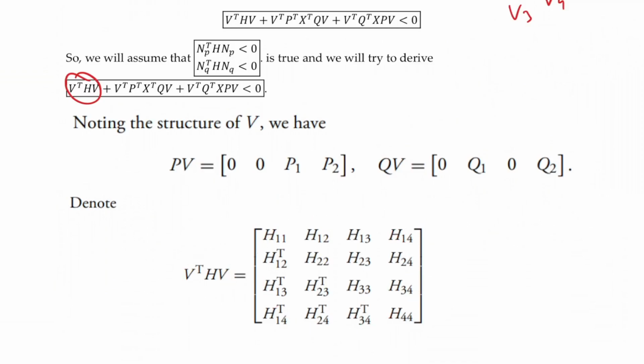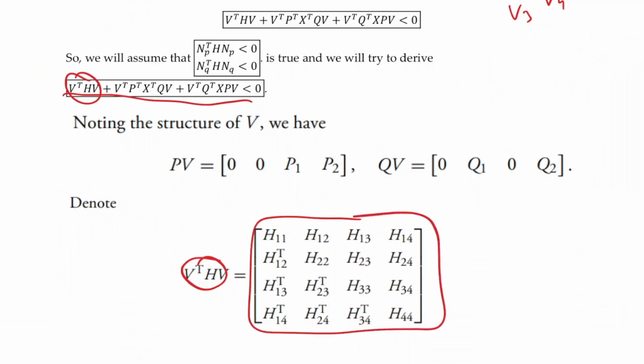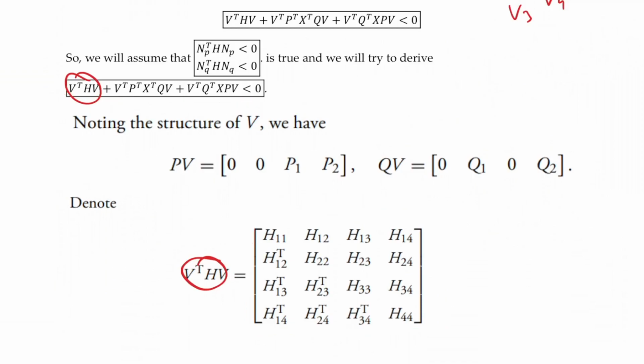And since H is symmetric, this matrix is also symmetric. So we have done nothing. We just expressed H, or the first term in the inequality, explicitly, right? Okay, let's move on.